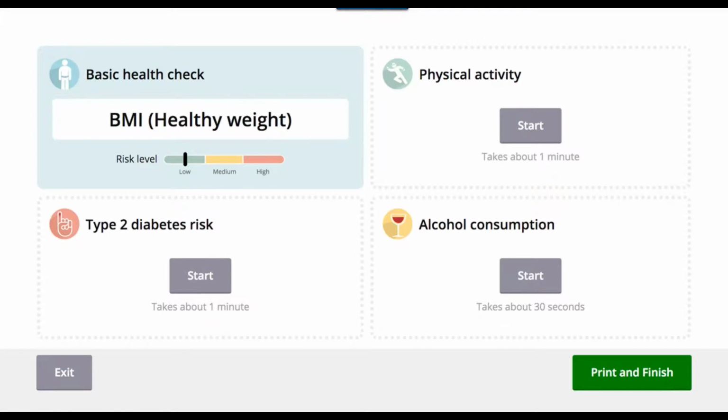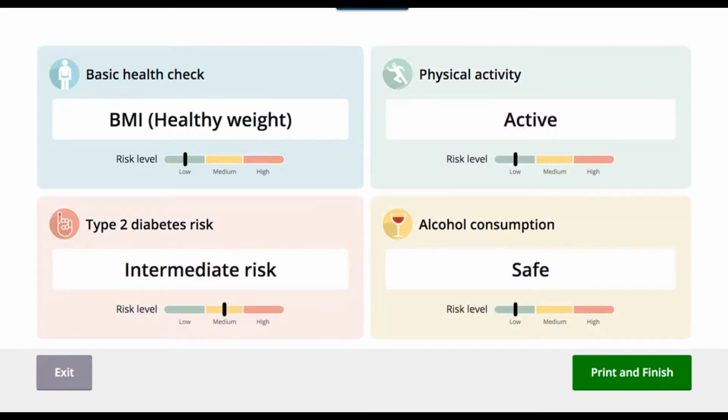We wanted everyone to complete some basic data, so allergies, smoking, BMI, and with the BMI we had an automated weight and height measuring machine, so they stood up and stood on the scale to measure their height, measure their weight, and plugged it back into the software here. We then also wanted them to complete some extra bits, some stuff around physical activity, some stuff around alcohol consumption, and a diabetes risk assessment.